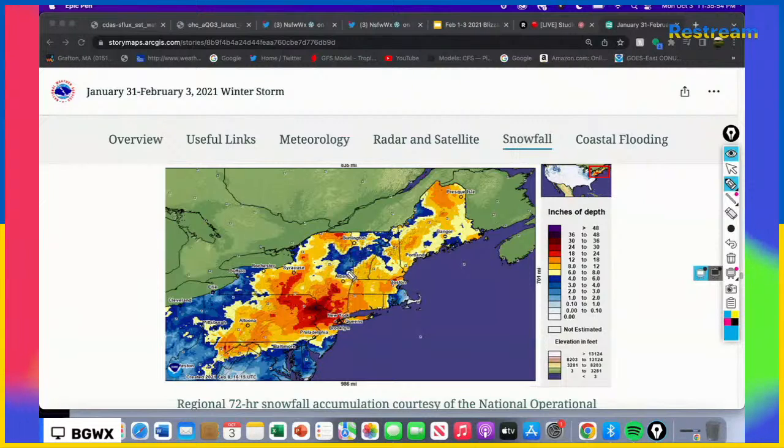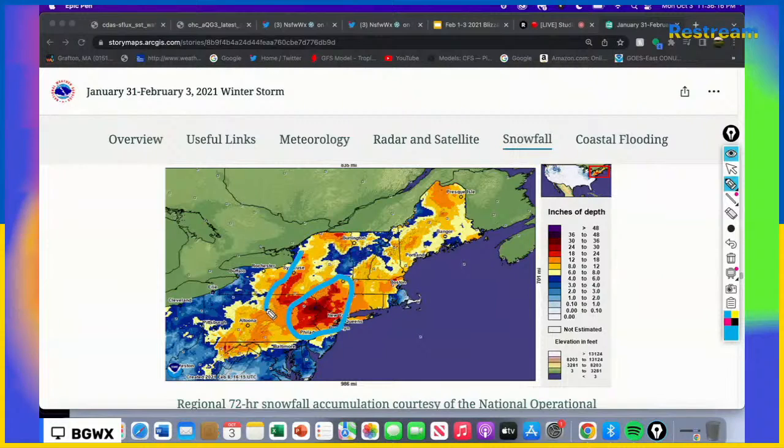Things that are sparking my mind here. This right here, I even circled that. This was your jackpot, pretty clear. Hudson Valley, down into eastern PA, northern New Jersey. That was your jackpot. And then we also had an interior band set up.